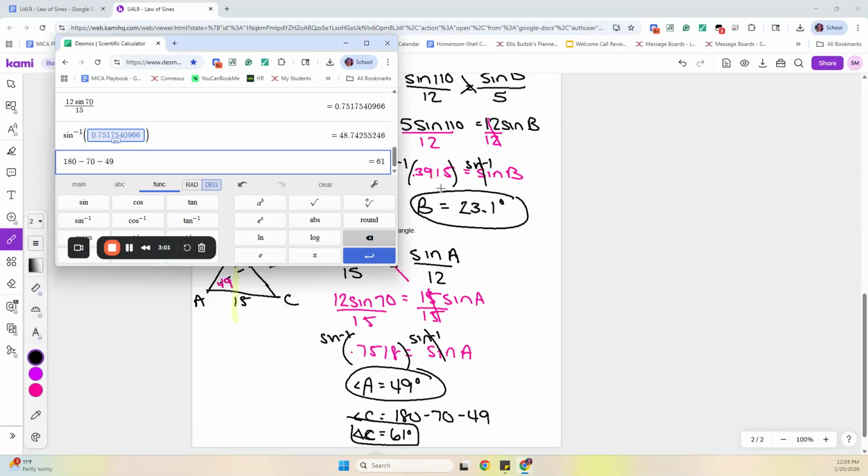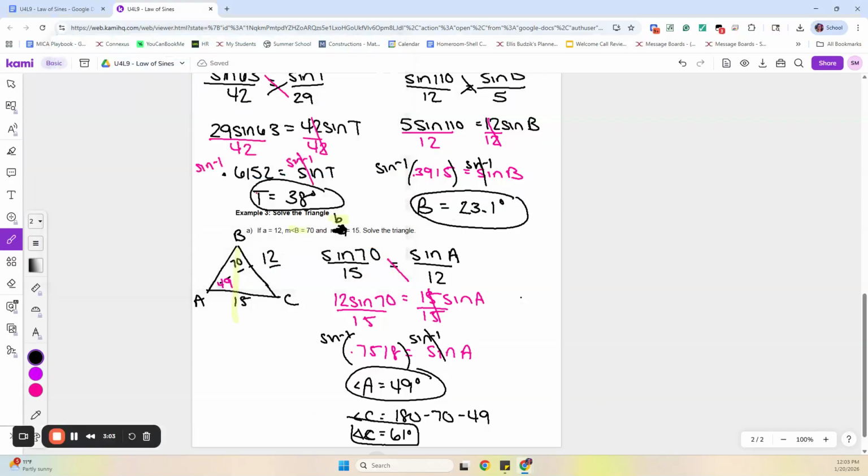And then what we're going to do is we're going to solve for the last one. So if angle C is 61, then what I can do is I can set up one more law of sines with my same starting. So I'm going to do sine of 70 over 15 equals now sine of 61 over this last missing C part. And then cross multiply, I get 15 sine of 61 equals C sine 70.